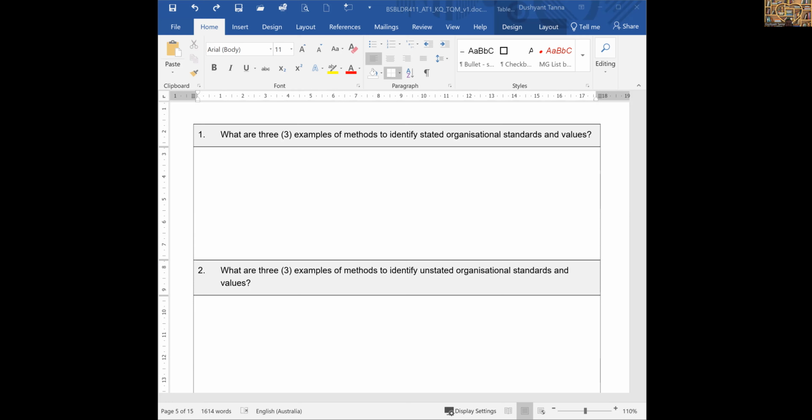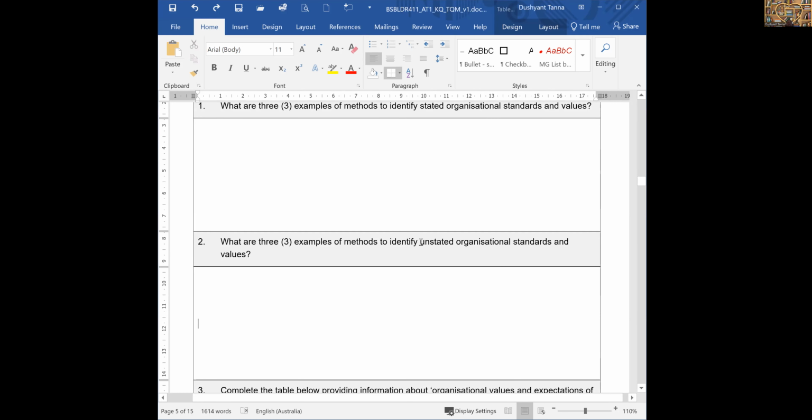How staff interact with one another is unstated. If everyone is bad-mouthing other people, then that's the culture you are setting, and you are telling the junior and new members that it's all right to say negative things about another person in the workplace. Anything that you follow from peers, leaders, managers, observing, listening to their stories will be some of the unstated organization standards and values.